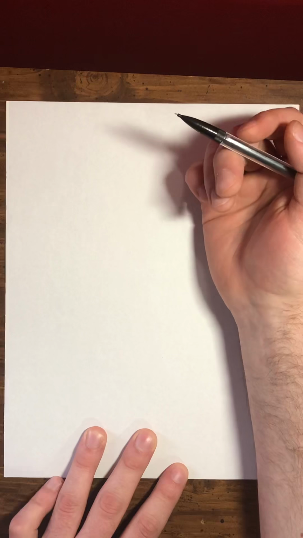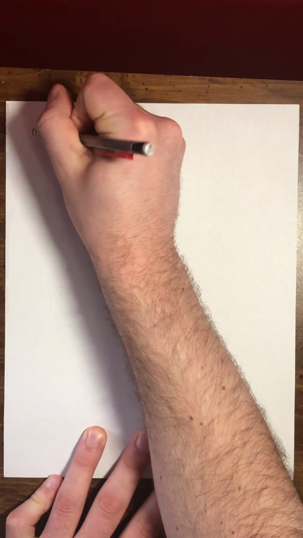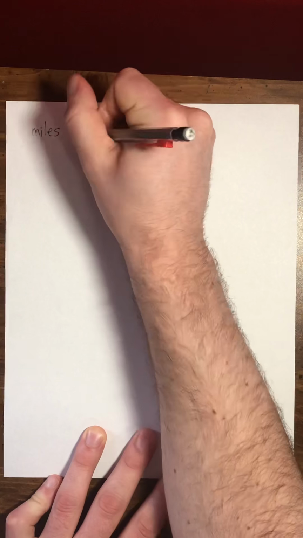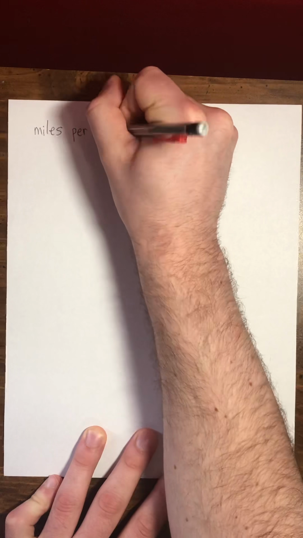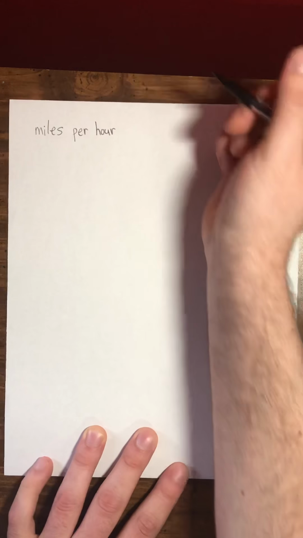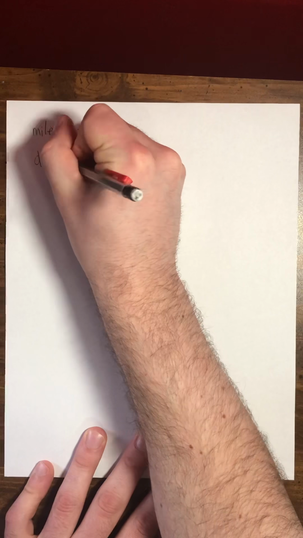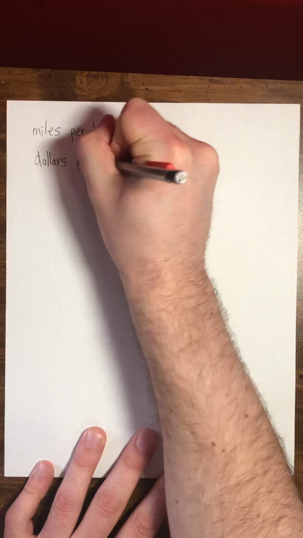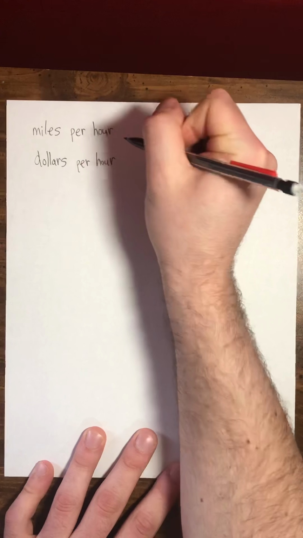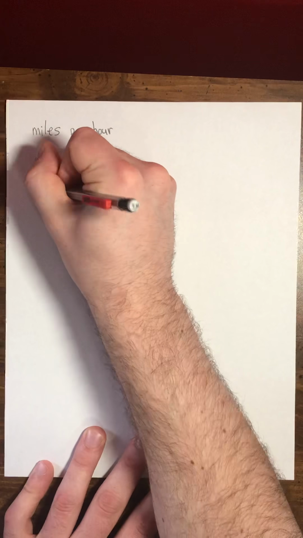So what are some rates that we might be familiar with? One rate that I know we're all familiar with is miles per hour, right? We see that all the time. We also might see dollars per hour. We could see miles per gallon.